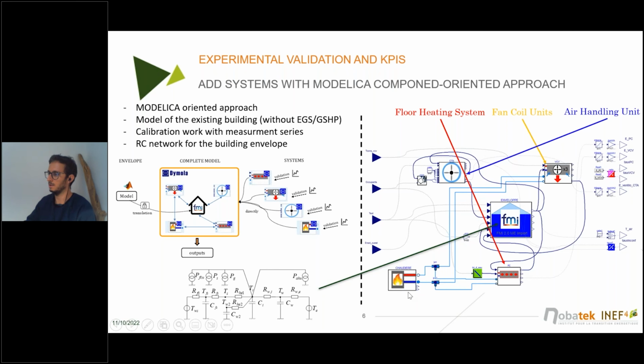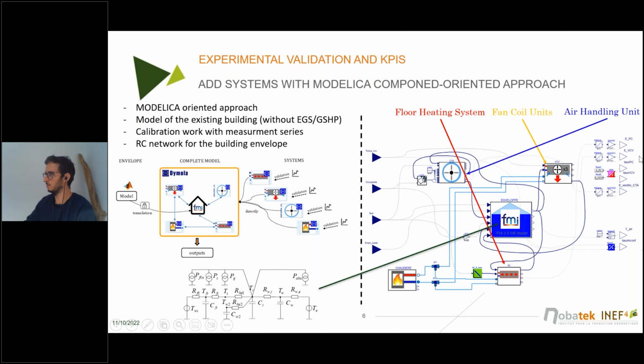Also the heat production with the gas boiler. As input of this model, we have the weather conditions, so outdoor temperature, solar gains, internal gains from the occupants, and also the set points. So we define the schedule of temperature set points.